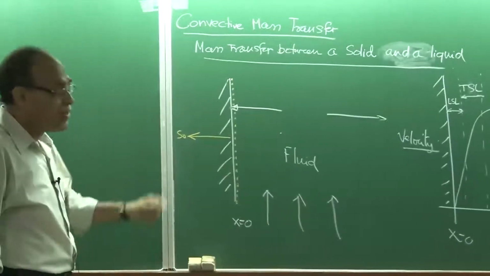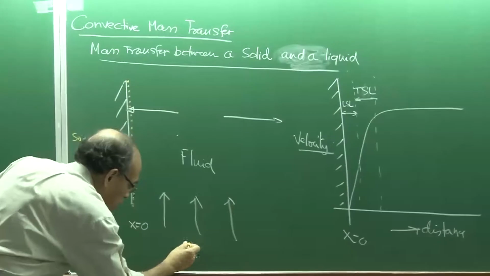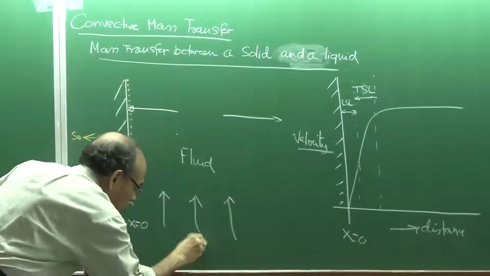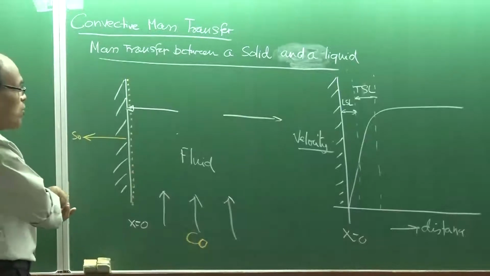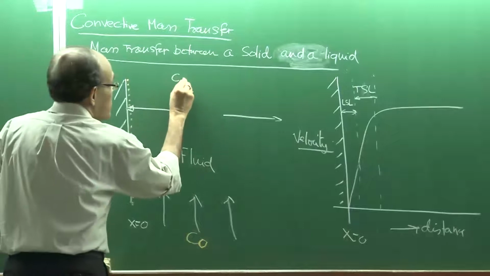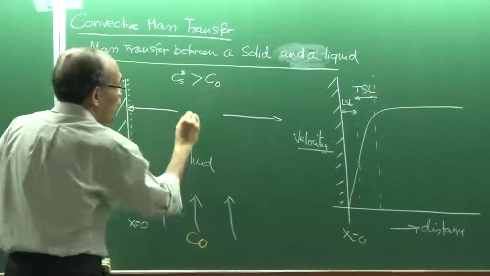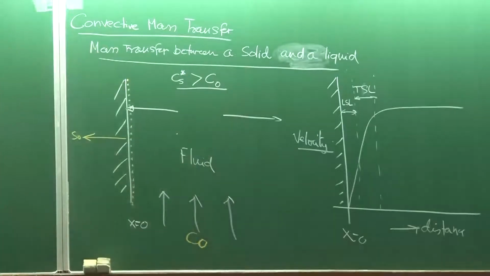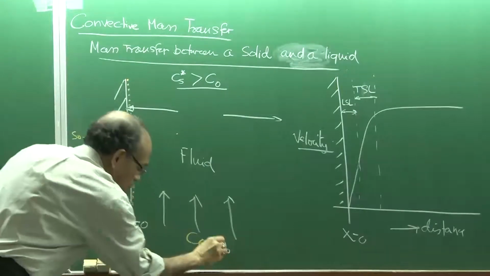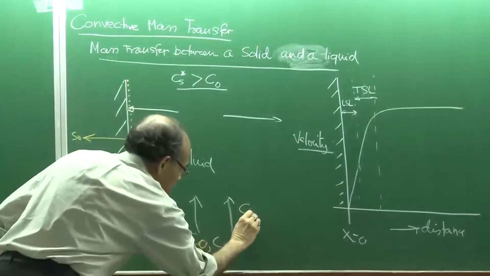But given that the far field concentration is C0, and the solubility limit of the solid is Cs star, then obviously the mass transfer takes place, because the bulk concentration, sometimes also said to be C sub B, is lower.